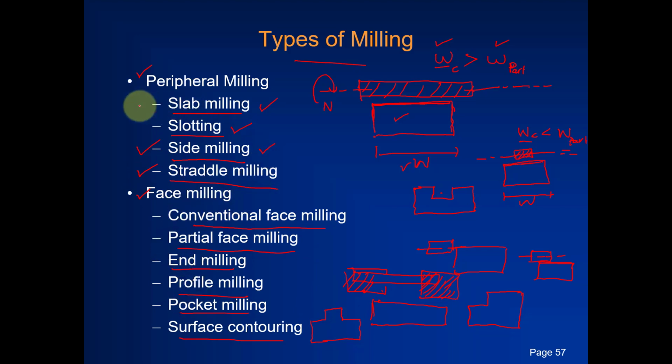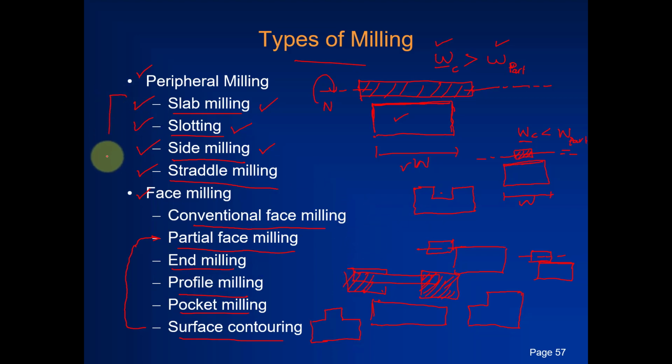So again, if you have a good understanding of what slab milling, slotting, side milling and straddle milling are, you will definitely be able to pick these types easily, because these will also produce the same shape, but the name is changed because of the orientation of the cutting tool.